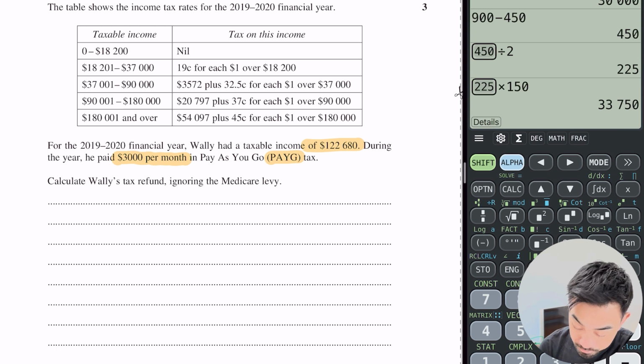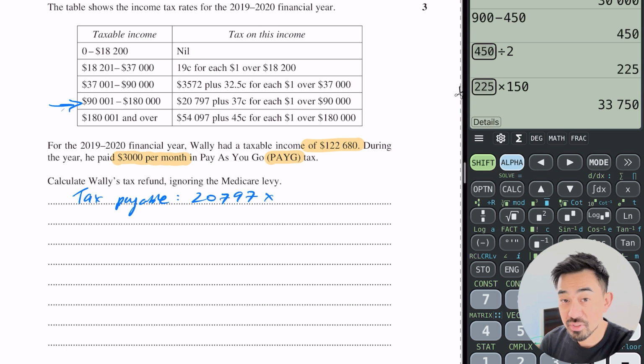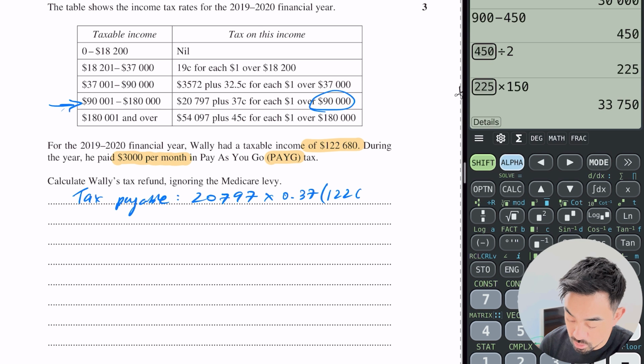All right, so here we go. How much tax does he owe? So tax payable. That means we've got to go in the table. So his income represents this bracket here, which will be 20,797 times 37 cents per $1, which is just 0.37. And it's how many dollars over 90,000? So it's 122,680 minus 90,000. What's that?